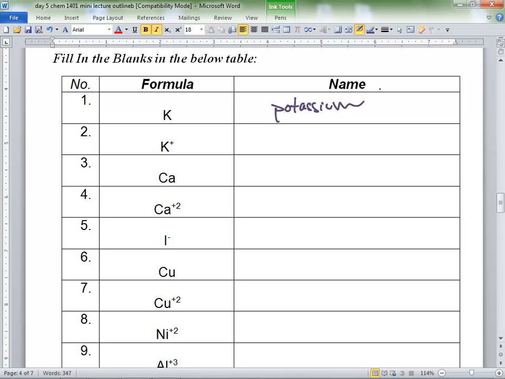K plus. How would you name that? Oh, that ion. Would you help them? It's potassium. It's the exact same thing again, right? Exact same thing again. Potassium. Why isn't it potassium 1?